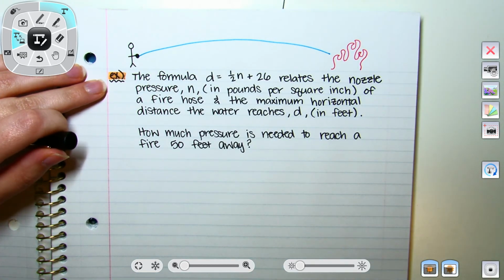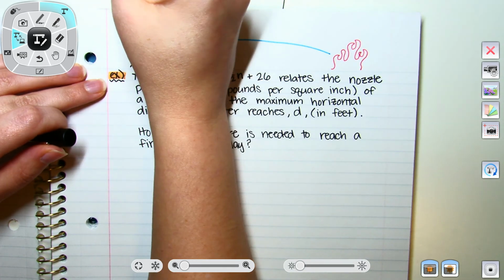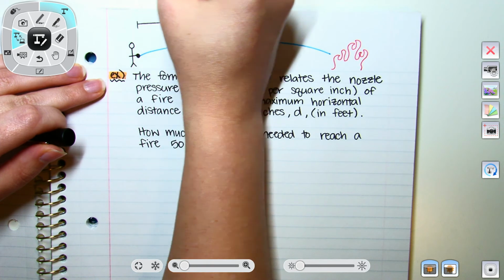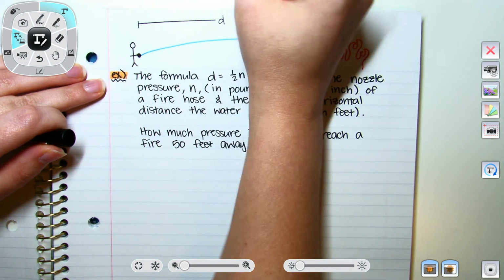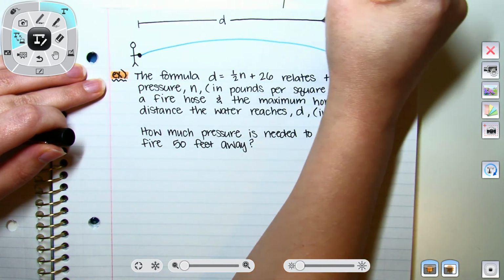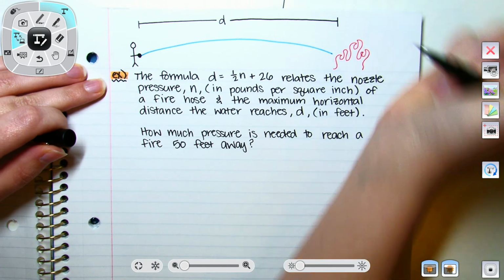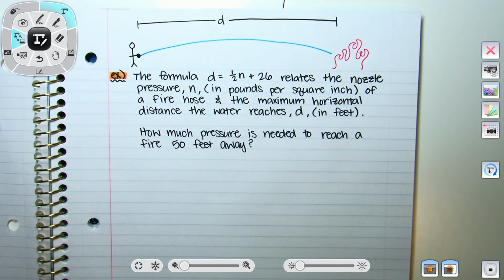So this tells us that D is the distance in feet that the water reaches, which means this whole span here, however far our water goes, that is D, our distance. All right. So if we look at this problem again, we have our formula.